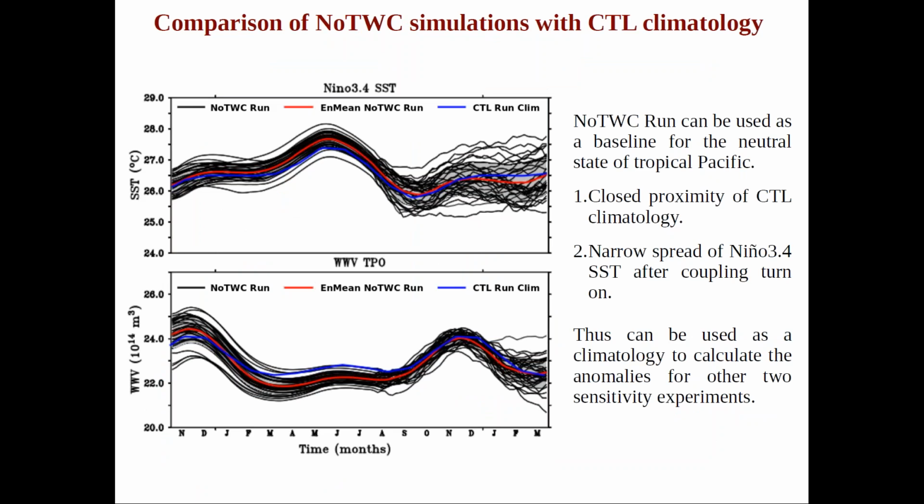So this NoTWC run will capture the seasonal cycle. You can see that the blue line is the CTL climatology, and the red line is the NoTWC ensemble mean.